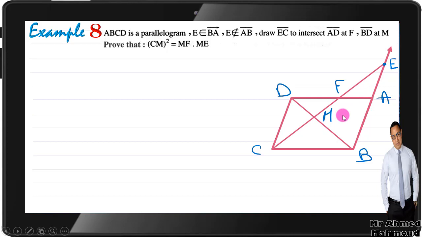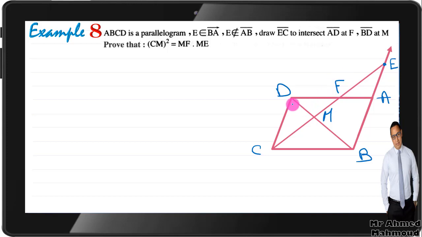Now, by looking at the two triangles DMC and the triangle EBC.